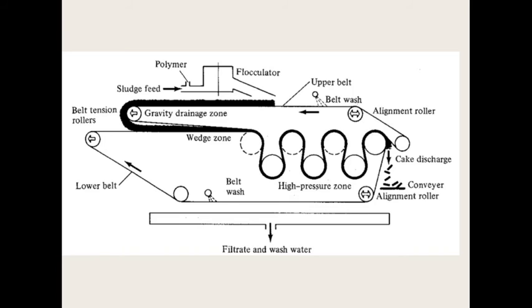Dewatered sludge can be buried underground in a sanitary landfill or dumped into the ocean. In a sanitary landfill, it is excavated and the sludge is disposed and covered with soil. Or we can burn that sludge by the process of incineration, or we can dump that sludge into the ocean.